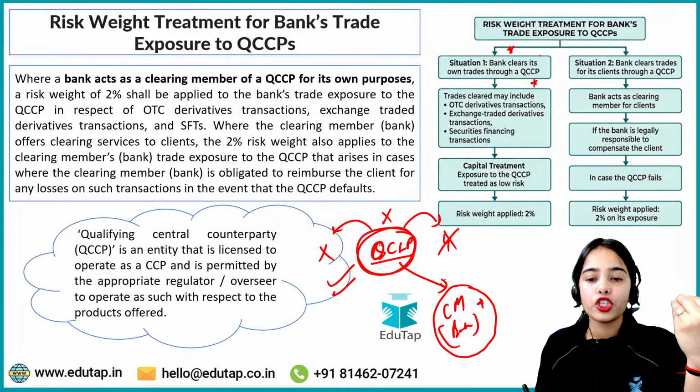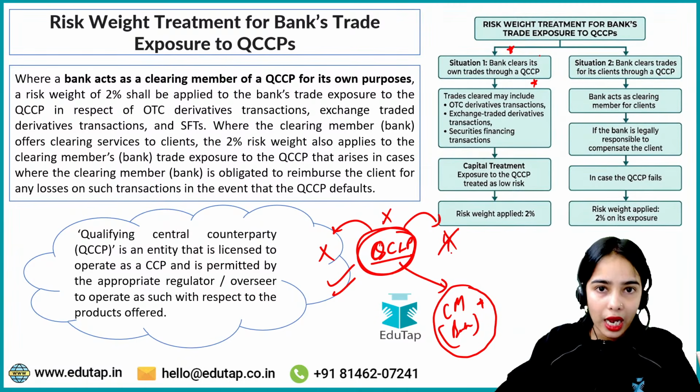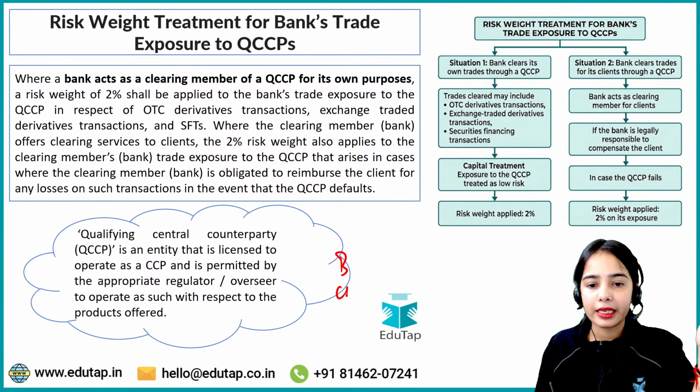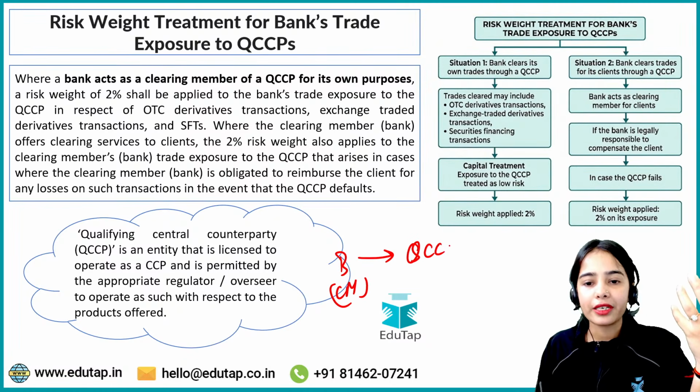That is the idea. So situation 1 is where the bank clears its own trades through a qualified central counterparty. The bank is a clearing member, but it is on its own account that the bank is doing a trade. So basically the bank is a clearing member as well as initiating the trade, and there is the qualified central counterparty, and the trade is happening with another bank, a foreign bank, let's say.